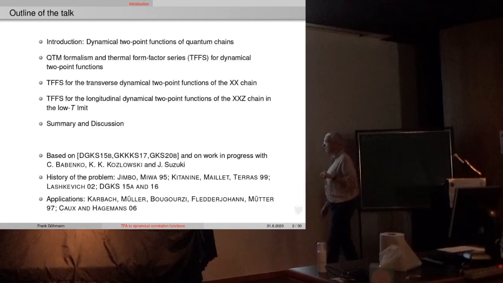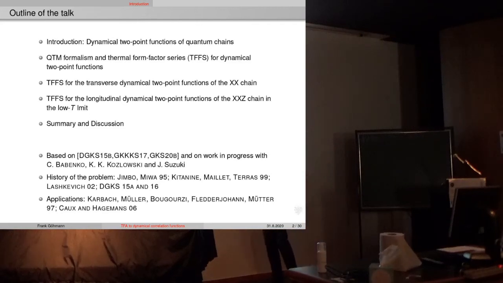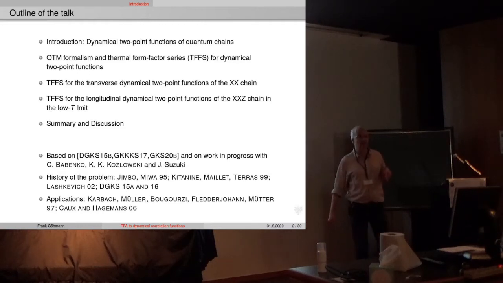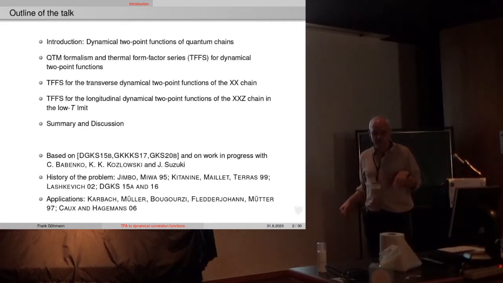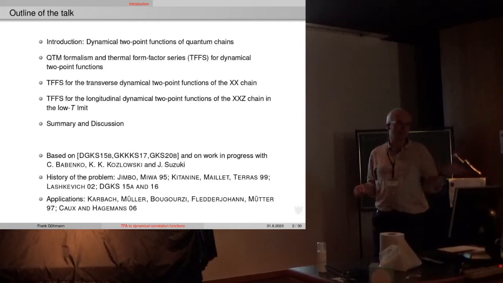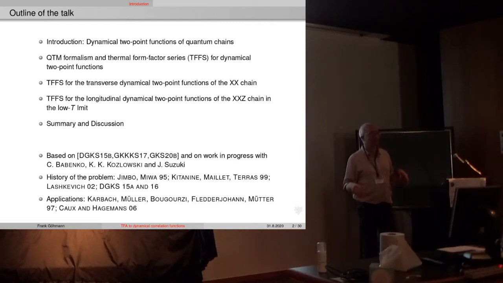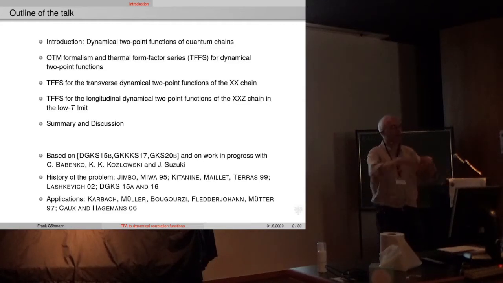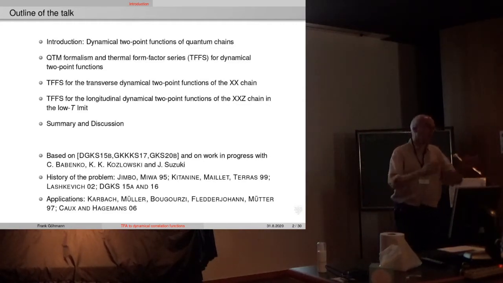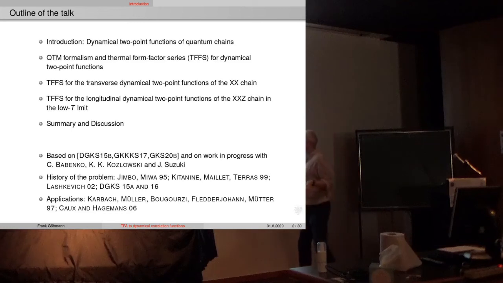This was later extended, so this is on the XXZ model, and in this paper by Jean-Sébastien Caux and his student Rob Hagemans, they extended this to the four-spinon case. So they used this multiple residue formula for the four-spinon case. And what they did is the Fourier transformation in space and time, and then you can compare with experiments. And I think many of you saw these color-coded pictures where people compare Heisenberg correlation functions with neutron scattering experiments. Those are those works.